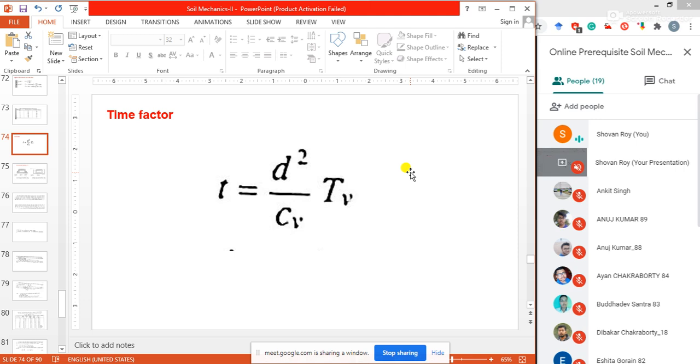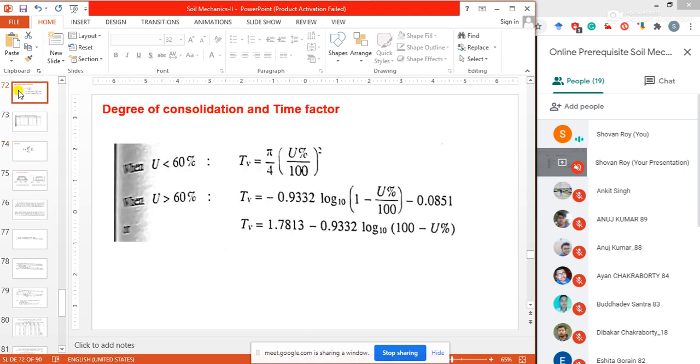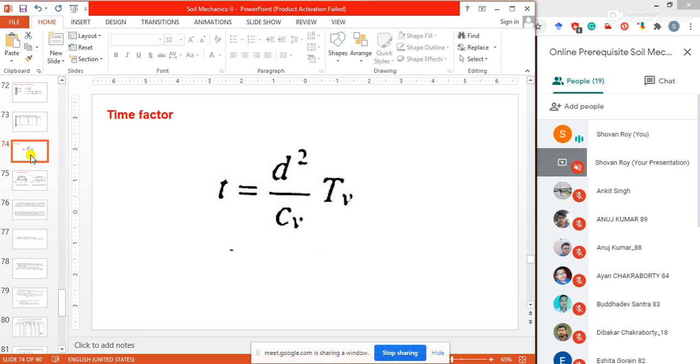So this is one parameter, the time factor t, and another parameter needed to find out the coefficient of consolidation in the laboratory using the square root of time fitting method is the degree of consolidation, the u value.